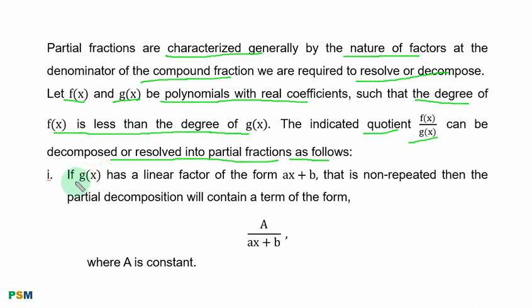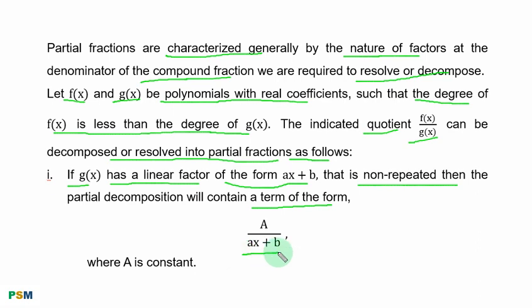Number one, if g of s has a linear factor of the form as plus b that is non-repeated, then the partial decomposition will contain a term of the form a over as plus b.